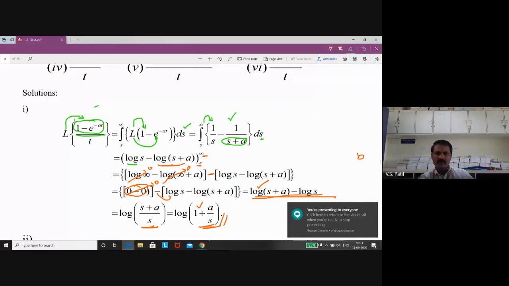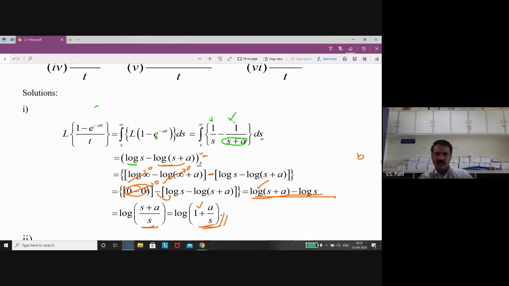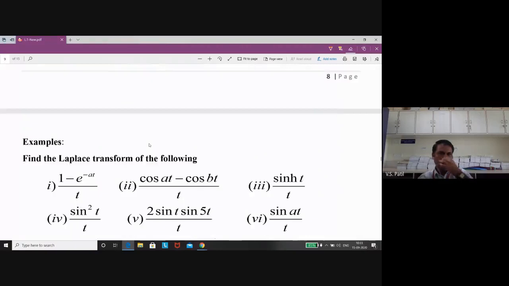Tomorrow we'll continue with the problems, and tomorrow we will definitely, positively complete this property, and after completing this property, I will give some examples which are very, very important as far as your examinations are concerned. Please, whatever examples I am giving as homework or assignment, you have to solve them.